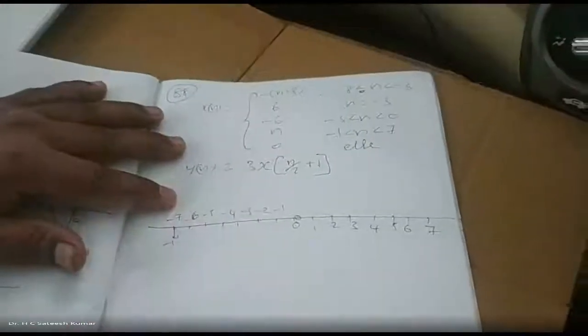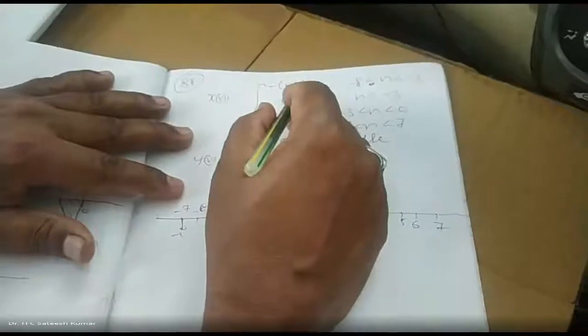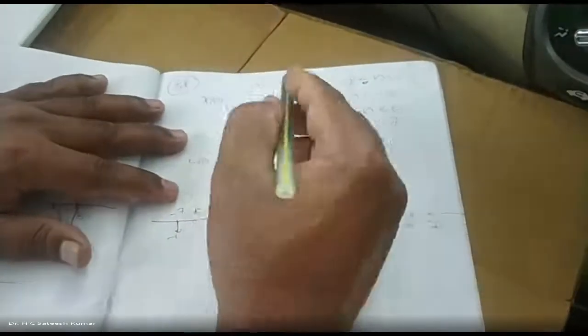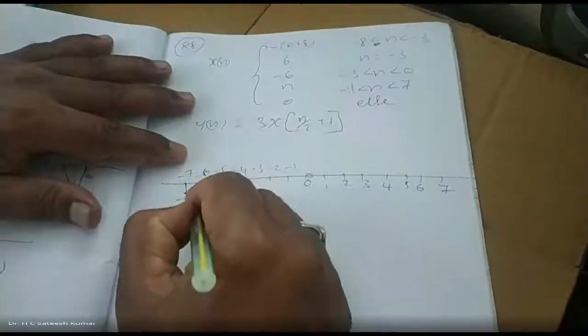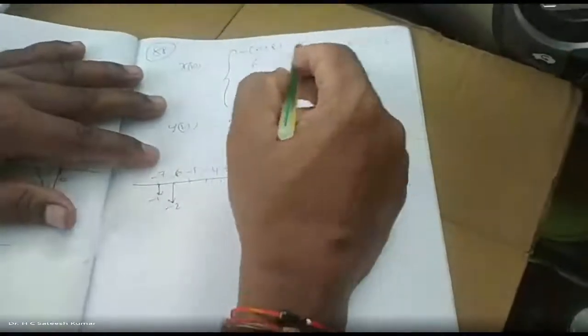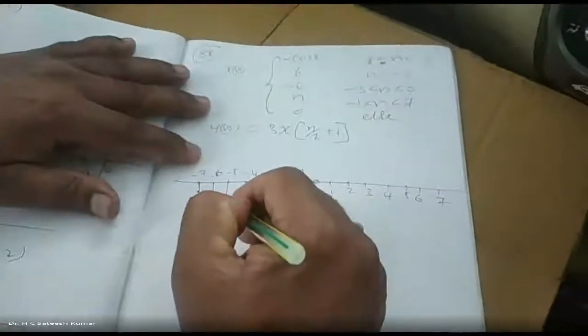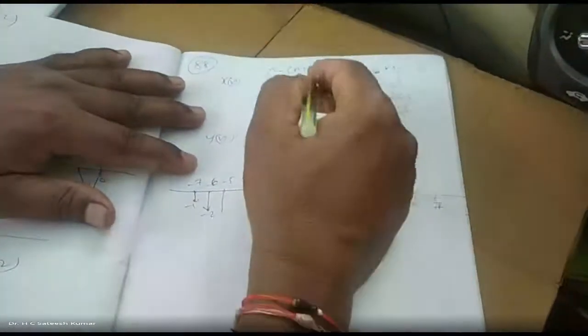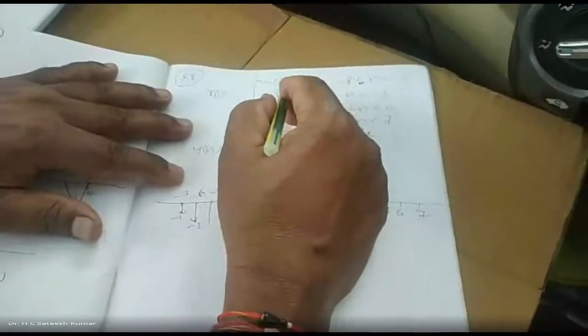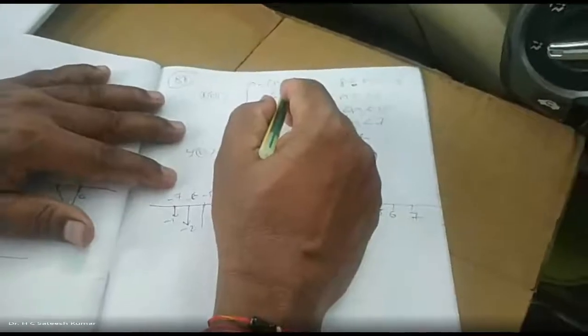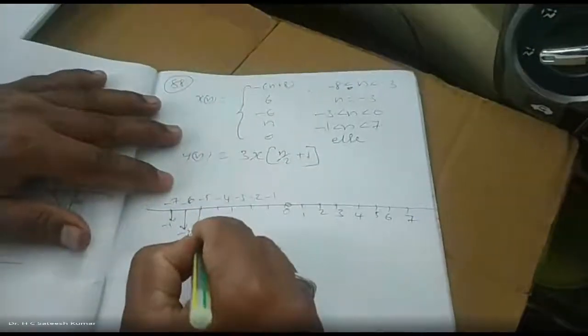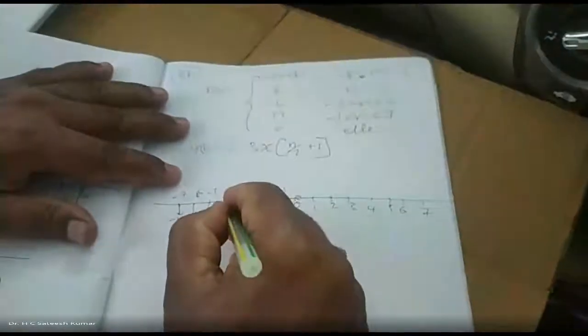And at minus 6, plus 8 is 2, 2 into minus is minus 2. At minus 5, sorry, at minus 5 the value is minus 5 plus 8 is 3, minus 3 you will get. At minus 4 you will get minus 4.